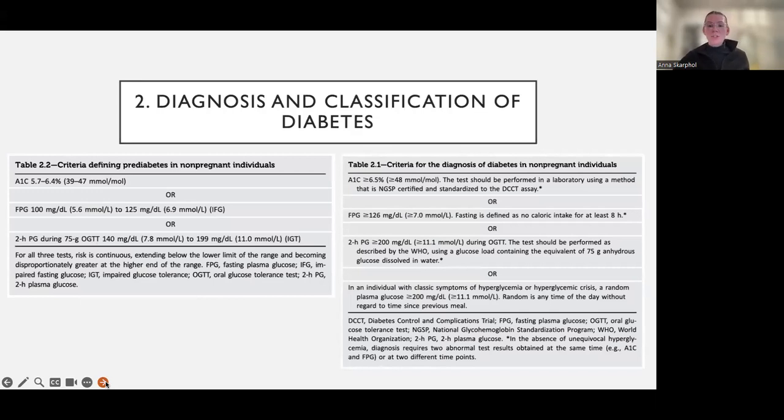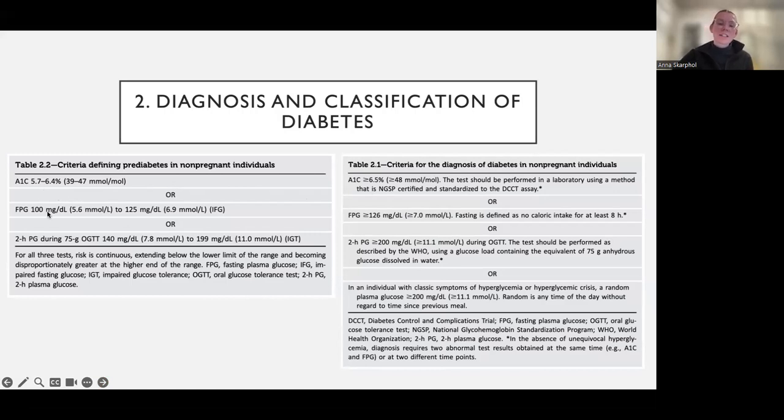Here are some more examples of those really great gray tables that are pulled throughout the guidelines. They have them for a lot of things, but these two that I pulled out here, table 2.1 and 2.2, list out the criteria for diagnosis of diabetes as well as diagnosis of prediabetes. And so they lay out the A1C cutoff, which is 6.5 for diabetes, as well as for prediabetes, 5.7 to 6.4.